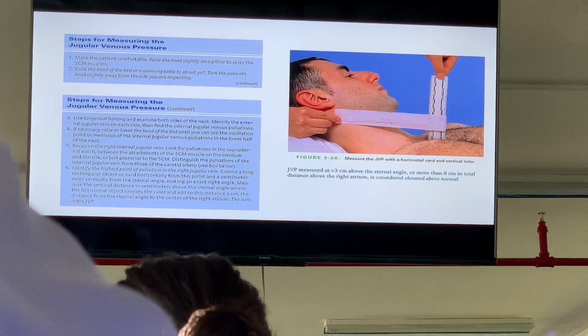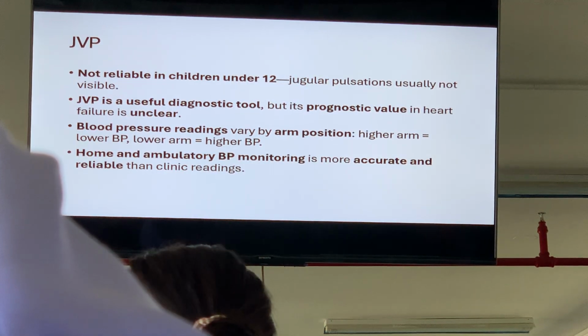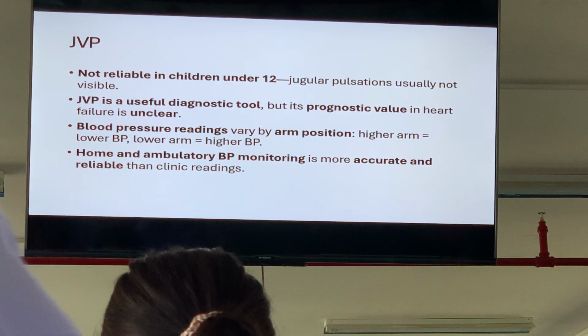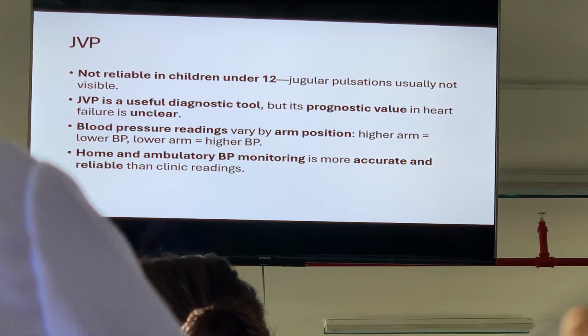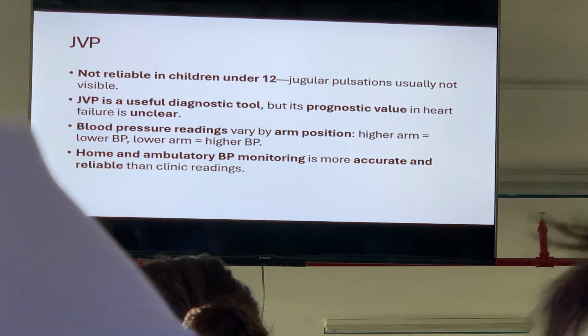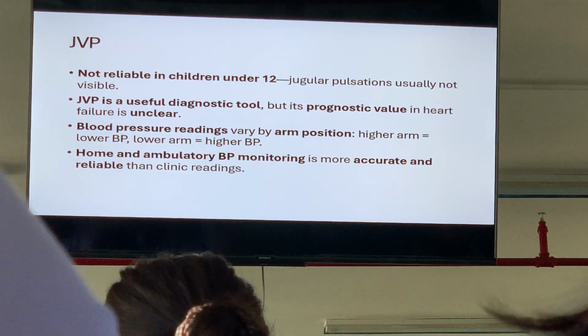Okay? You can just read this, it's in the book, and you can internalize it. JVP is not reliable in children, and aside from being a useful diagnostic tool, its role as a prognosticator tool in heart failure is unclear.